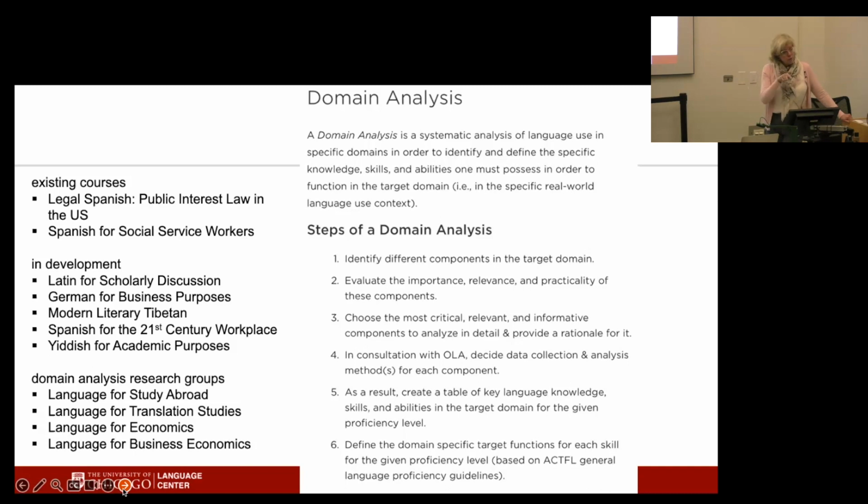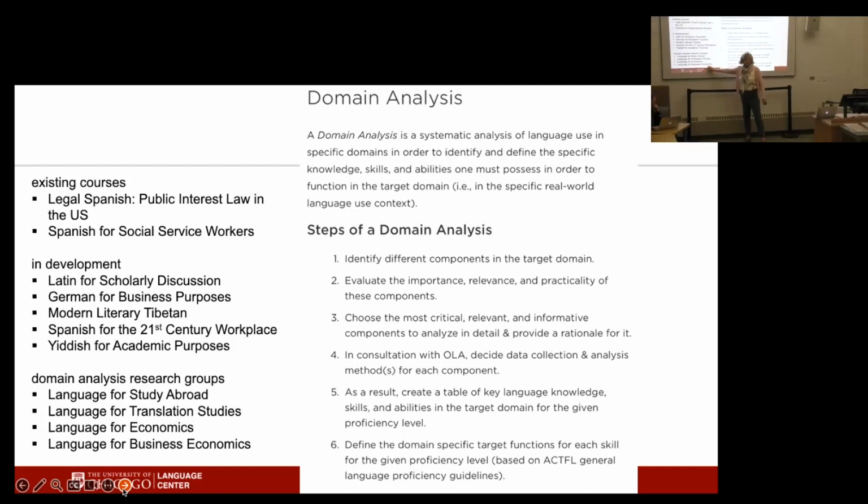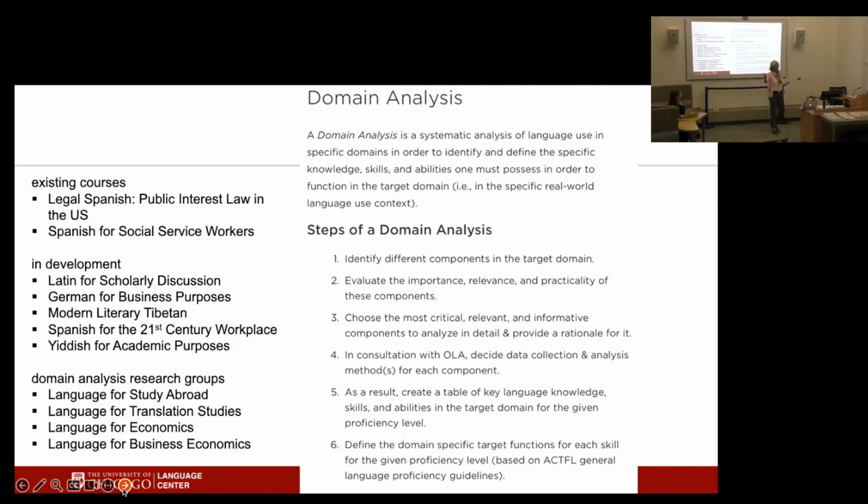So talking to the students will be part of a domain analysis. Domain is bigger. For example, for a domain analysis for business economics, you might talk to people in the business school. You might look at job descriptions. You might look at textbooks for that domain.